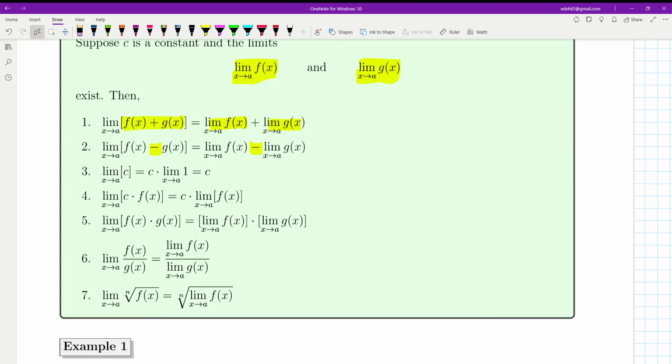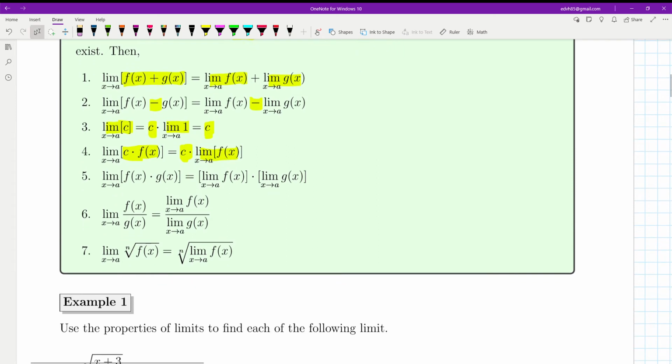The limit of a constant, the limit of just a number, is c times the limit of 1, which is simply that constant. For example, the limit of 4 as x approaches, I don't know, maybe 1, maybe 0, well, it's just a constant. When we multiply a constant times a function, we can have the constant outside and then evaluate the limit individually.